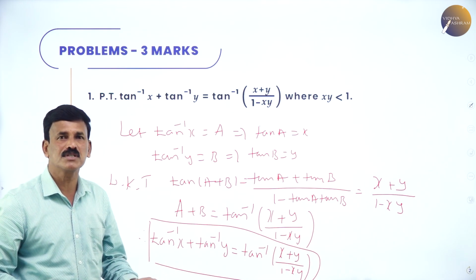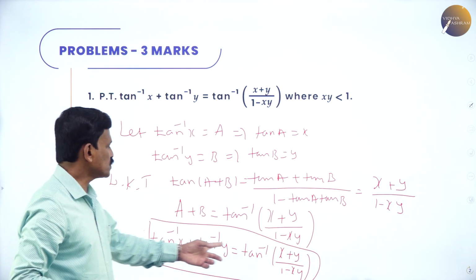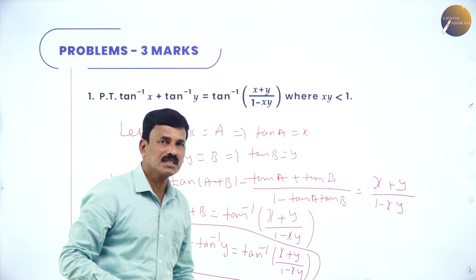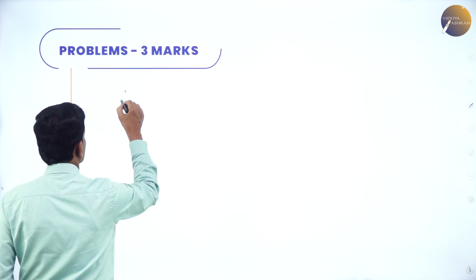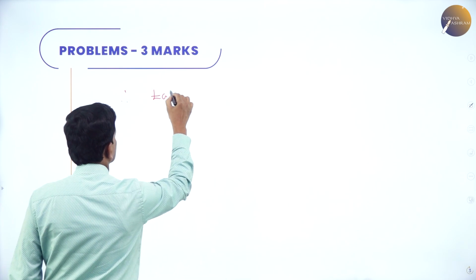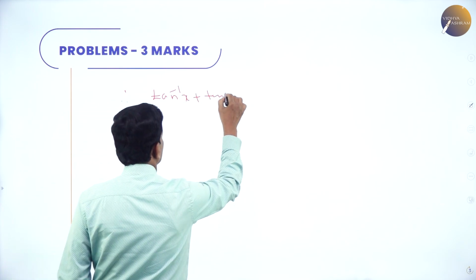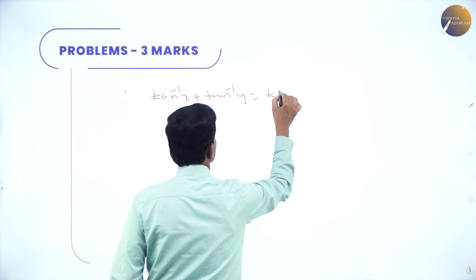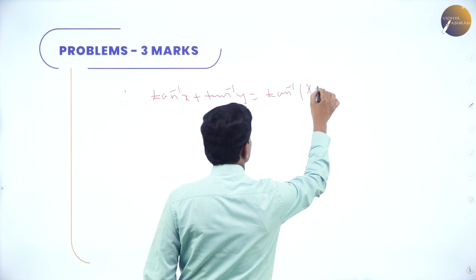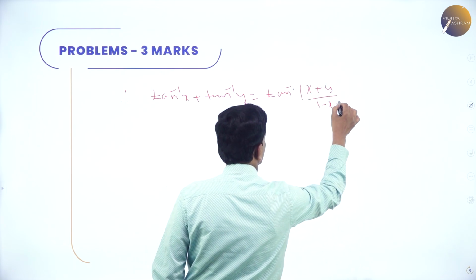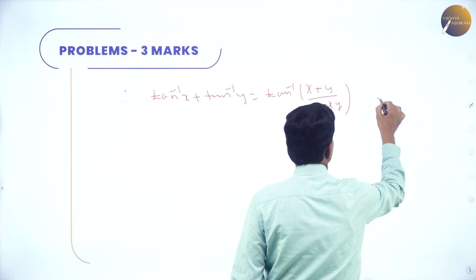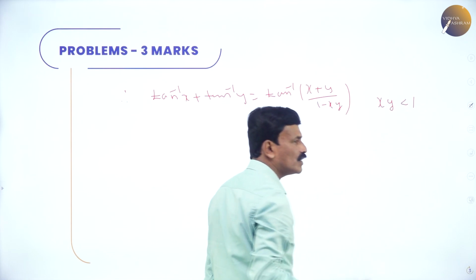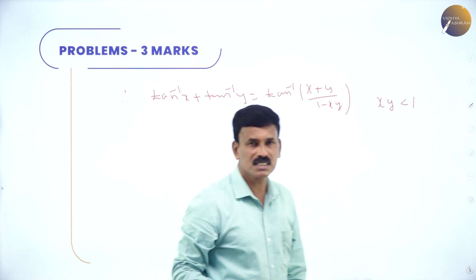Same as that of tan a plus b formula. That's it. So if it is positive means numerator is positive and denominator is negative. Similarly, therefore I will write tan inverse of x plus tan inverse of y is equal to tan inverse of x plus y divided by 1 minus xy, where xy is less than 1.